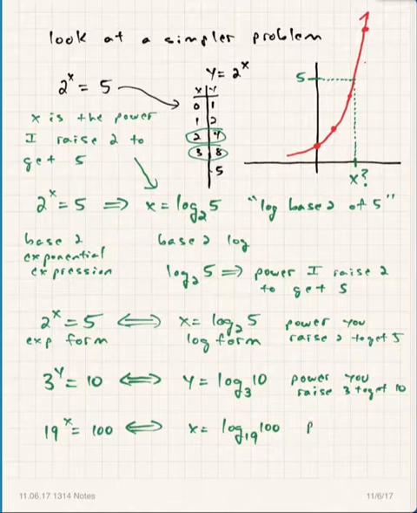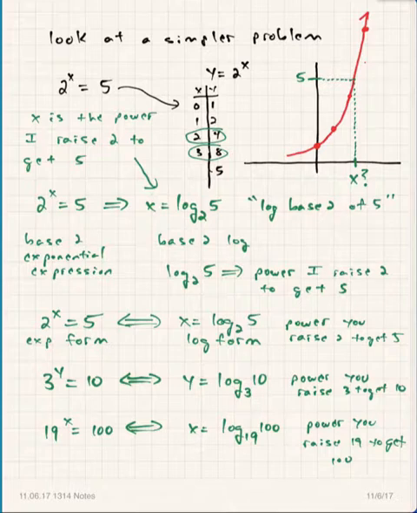And so this would be the power you raise 19 to get 100. What we're doing is starting with an exponential form, and then writing the corresponding logarithm form.